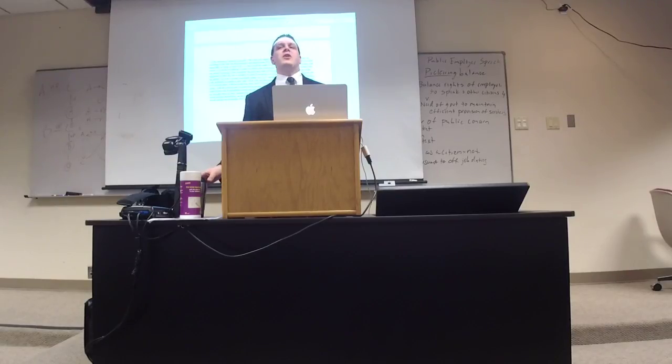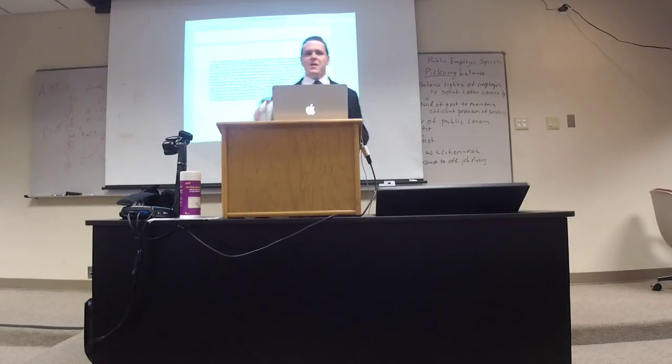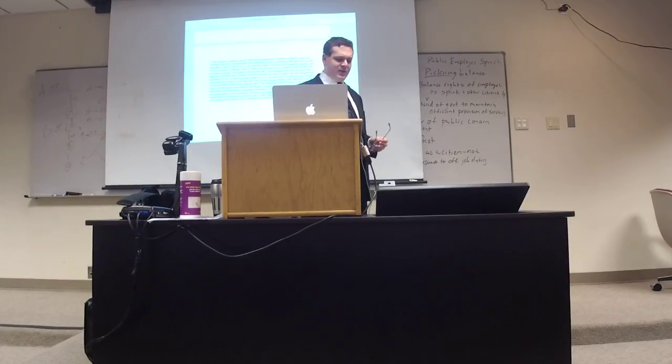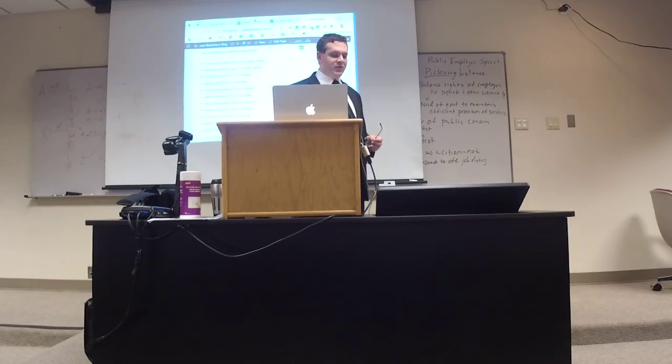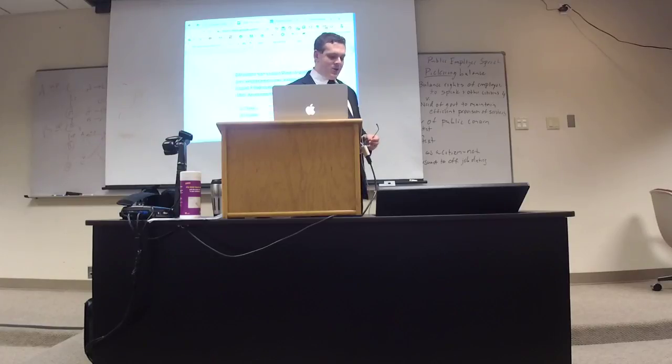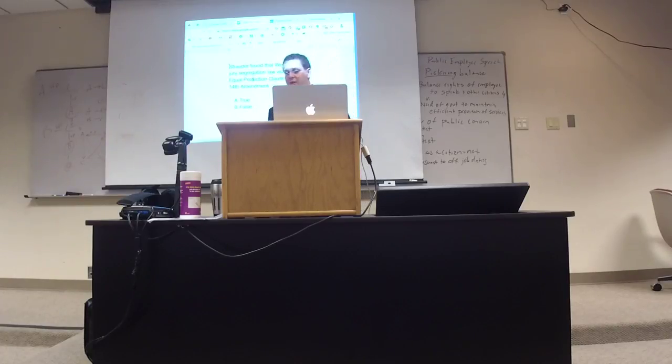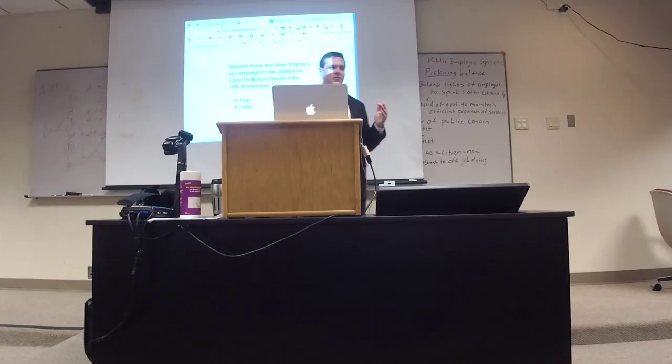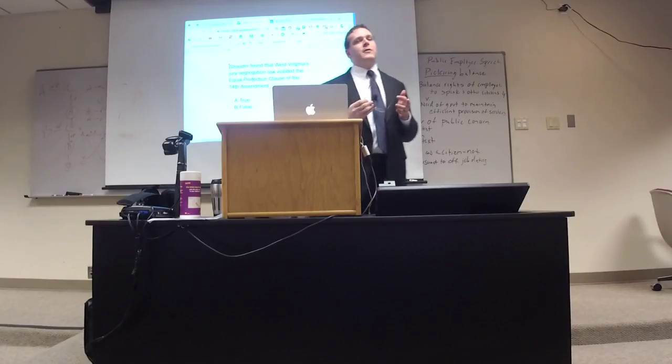Today we continue our discussion of the 14th Amendment. Last class focused on one provision of the 14th Amendment, which was the Privileges or Immunities Clause. We studied in the Slaughterhouse Cases how the court said that this provision refers to a very narrow set of federal rights.